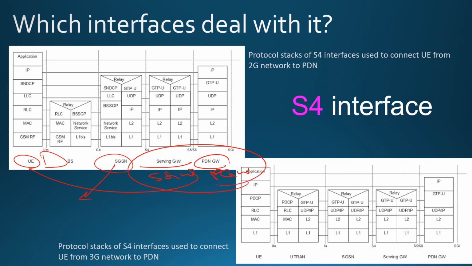This can be done by the SGSN, and the interface between the SGSN and the SGW is the S4 interface. The S4 interface is used to connect the UE from the 3G network to the PGW in the 4G network.